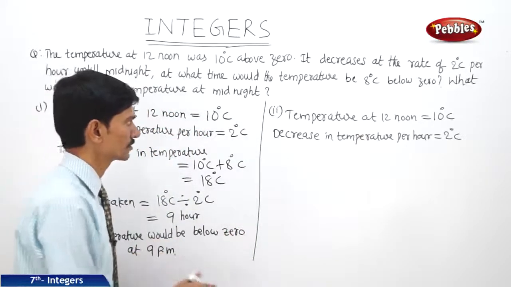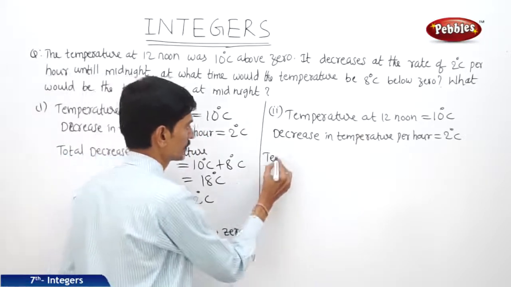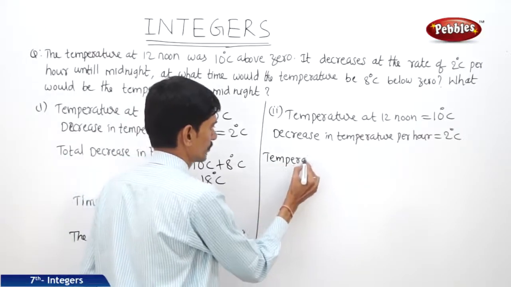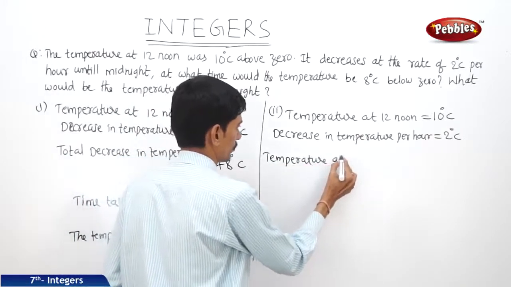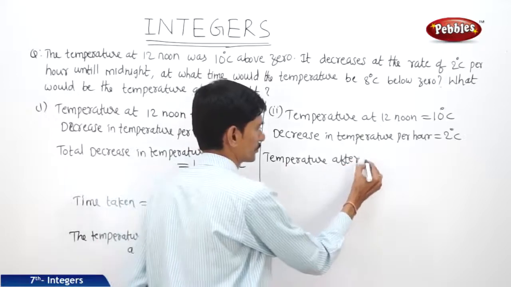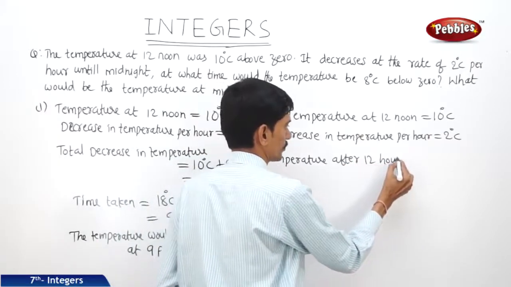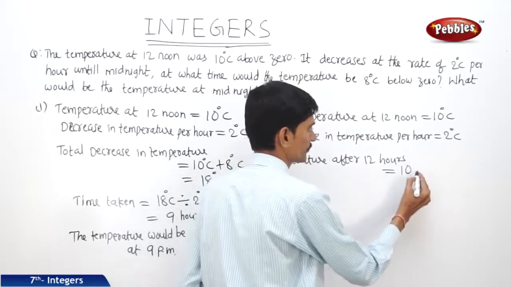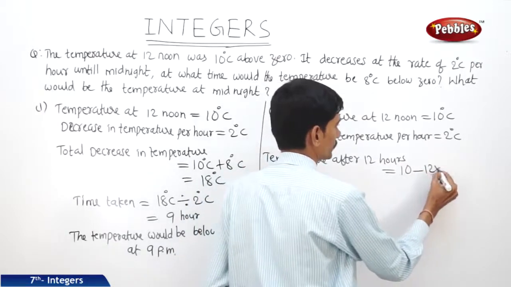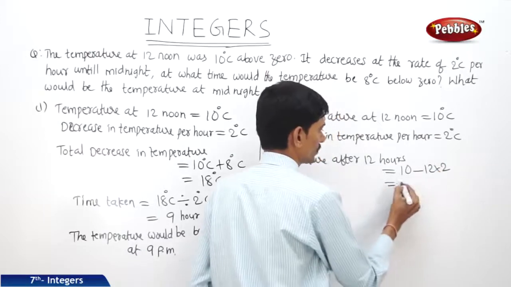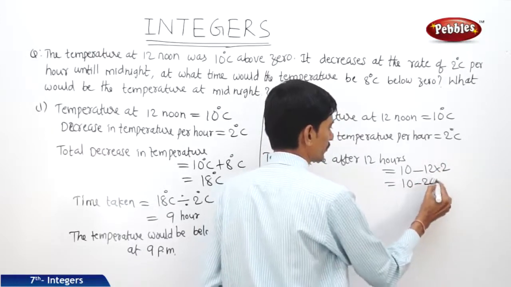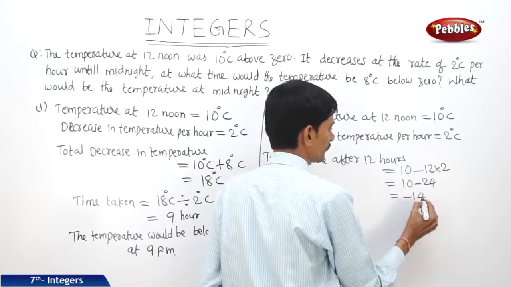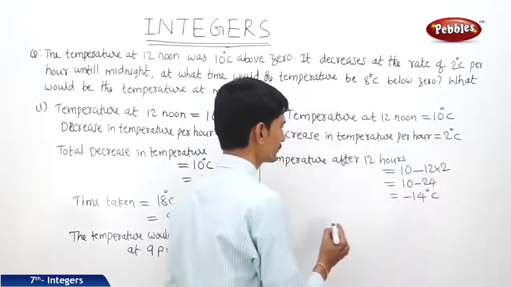The temperature after 12 hours equals 10 minus 12 into 2. So 10 minus 12 into 2 is 10 minus 24. So this equals minus 14 degrees centigrade.